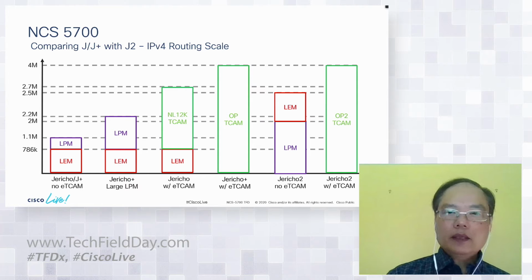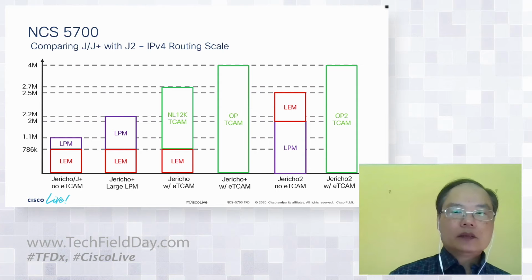With external TCAM at FCS, Jericho II supports the same 4 million prefixes as the current Jericho Plus with external TCAM. However, we could support much higher scale in future IOS XR versions.